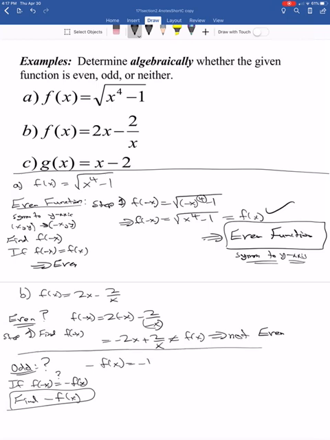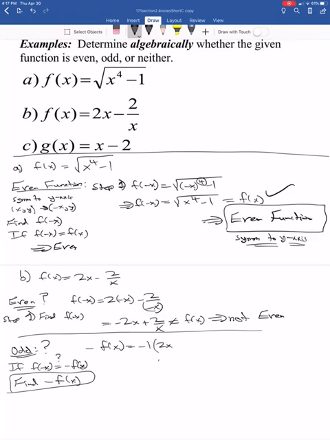As we do that, we're going to take a negative 1 and multiply it through this function, which is the function 2x minus 2 over x. As we distribute, we end up getting negative 2x plus 2 over x, which is not equal to f of x, but that's not what we're comparing it to. We're comparing it to what we just did earlier, right here.